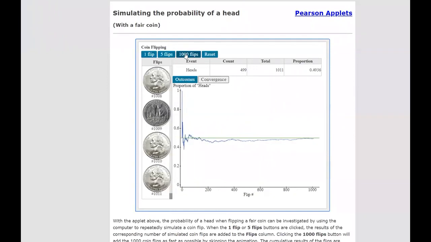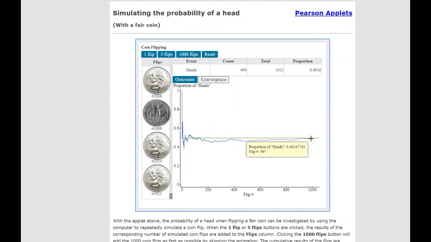I'm going to flip it 1,000 times. And these are all the probabilities or proportions that I'm getting. As you can see, it's getting closer and closer to 50%. 0.49, 1353, which is close to 50%.